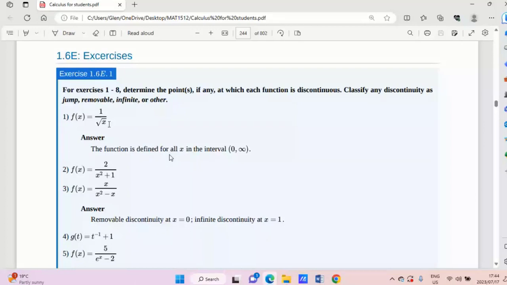That's why I chose removable discontinuity. I don't know about the others, because on these questions it does not matter what happens. You must find those limits and then use them to conclude whether it is removable, jump, or infinite. Yeah, that's all.